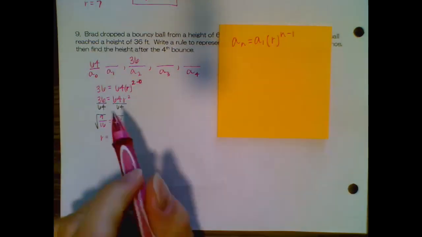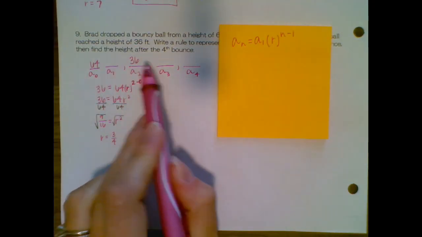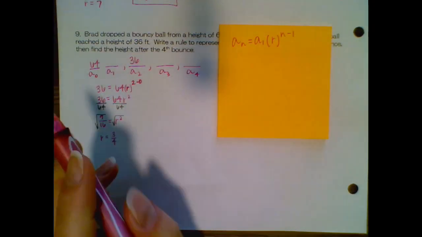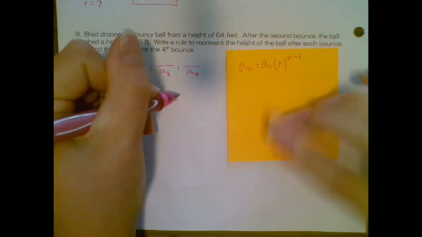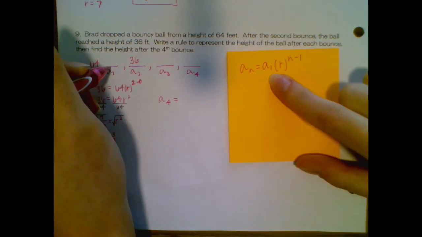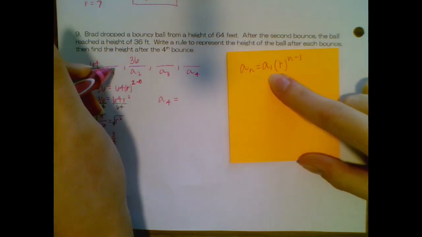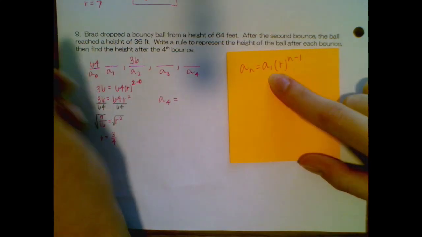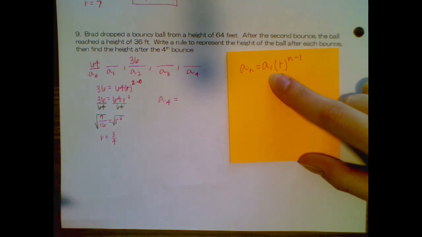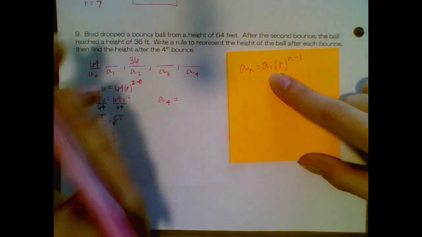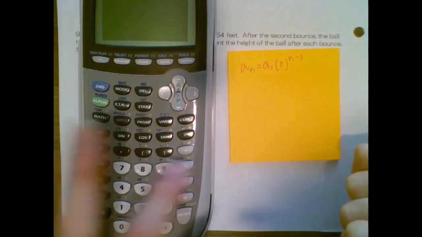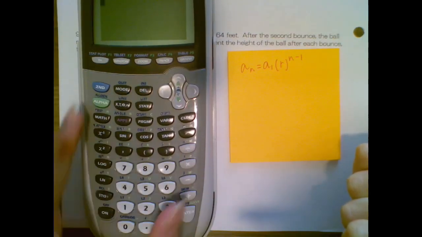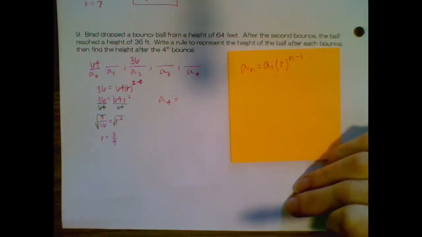All right, now you could just multiply each of these by 3/4, or if you want to use the formula, you can do a sub 4 equals a sub 1, which actually we are going to have to find. So I'd have to do 64 times 3/4, which is 48.